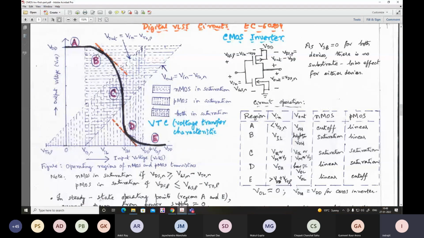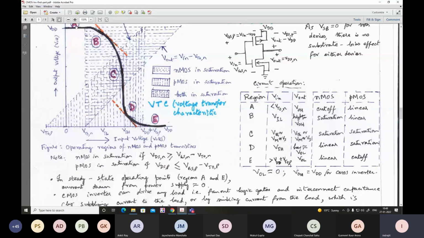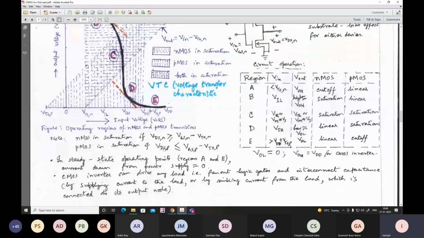Normally regions A and E are the regions where current is 0, and these are the stable states. This is quite obvious to you. In steady state operating regions corresponding to regions A and E, the first and fifth region, current drawn from the power supply is 0. The CMOS inverter can drive any load, that is, fan out logic gates and interconnect capacitance.